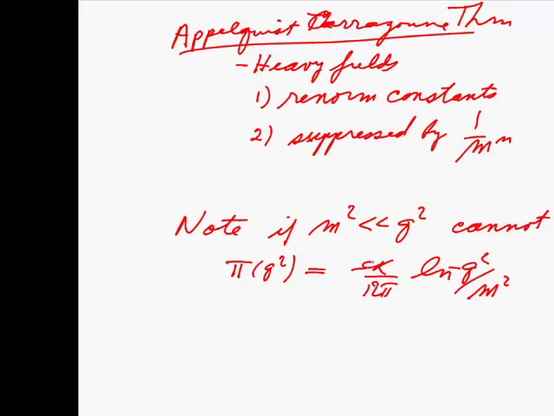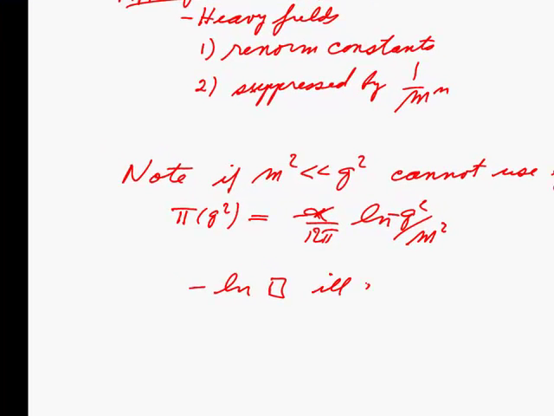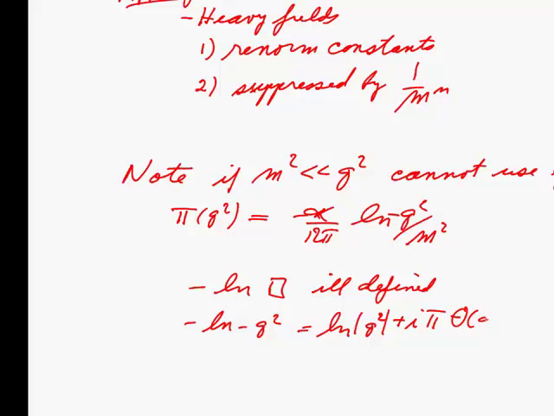And there are 2 problems with this. One problem is log of D'Alembert, if we convert this to momentum space, is not well defined. And the other is that if I take log of minus q squared, that's log of q squared plus i pi, if q squared is greater than 0.